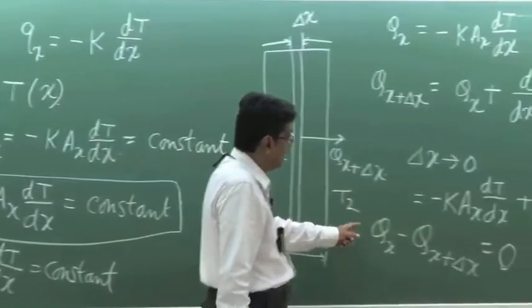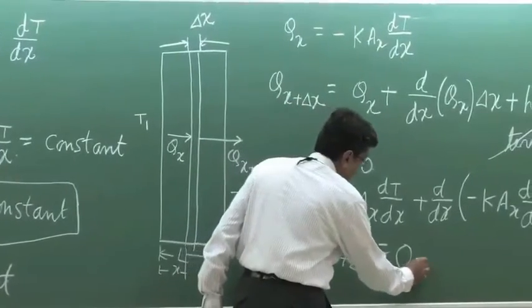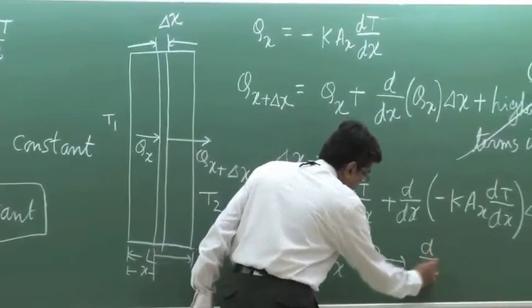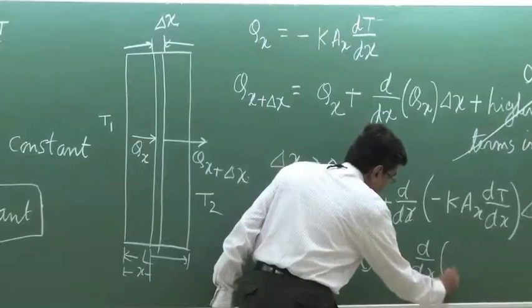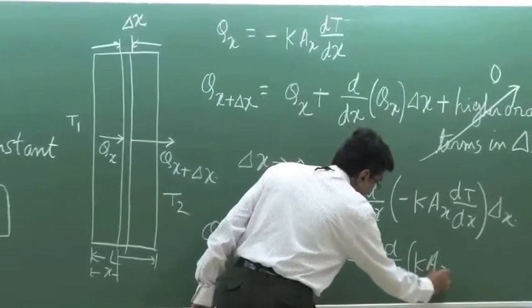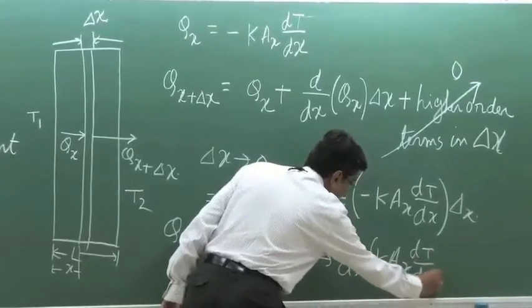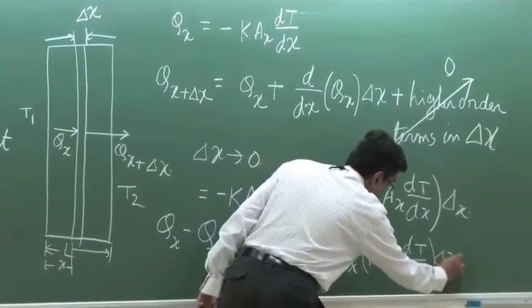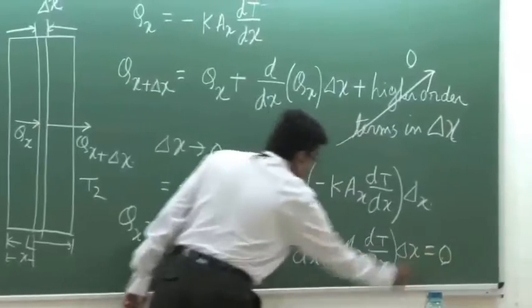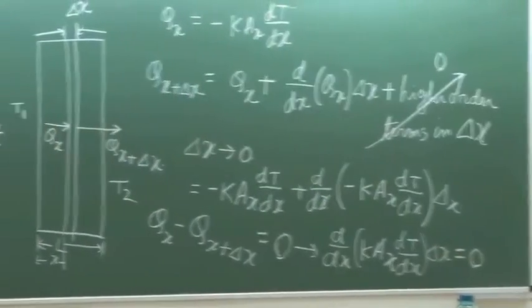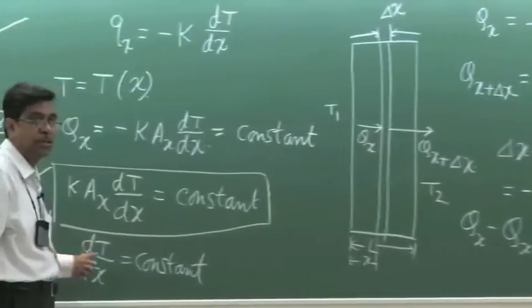So if you make this, you get the result that d/dx of K Ax dT/dx into del x is 0, which means that K Ax dT/dx is constant.